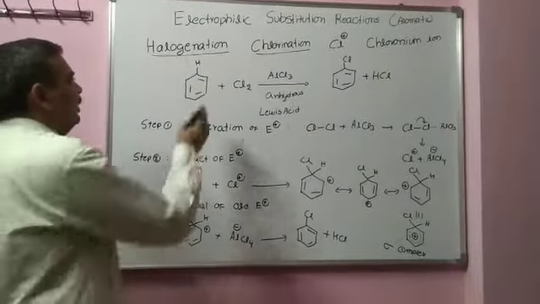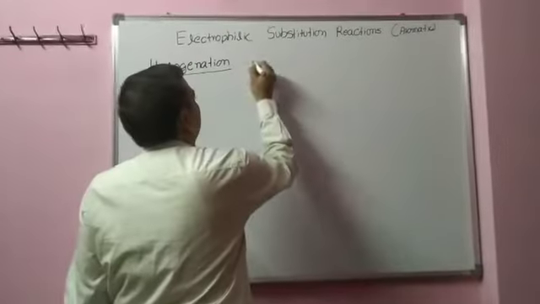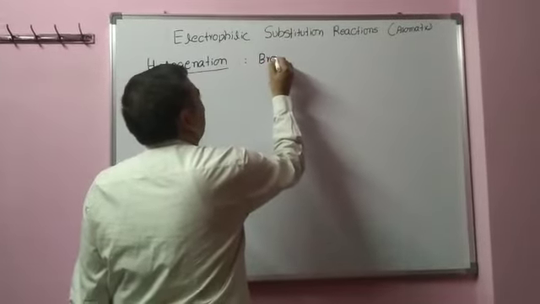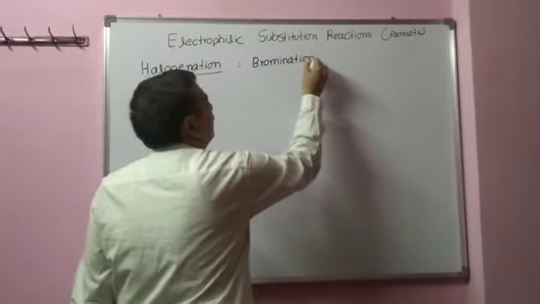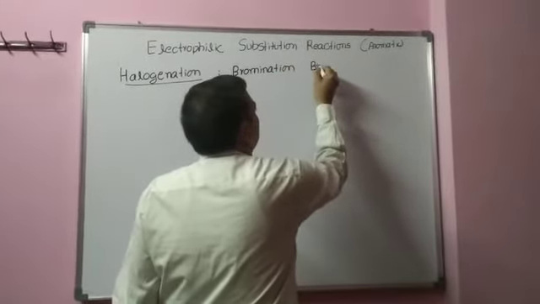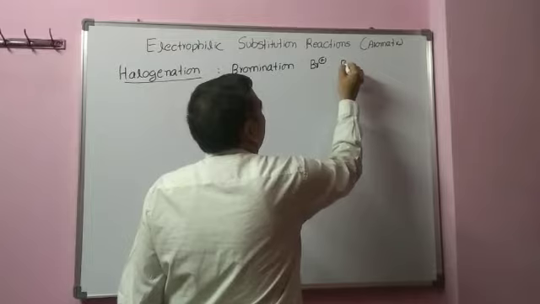Now coming to bromination. In bromination, Br+ is the electrophile, the bromonium ion.